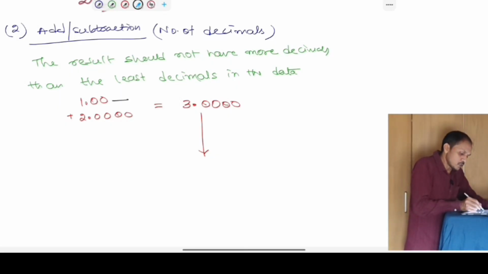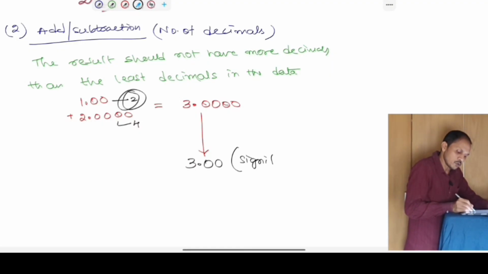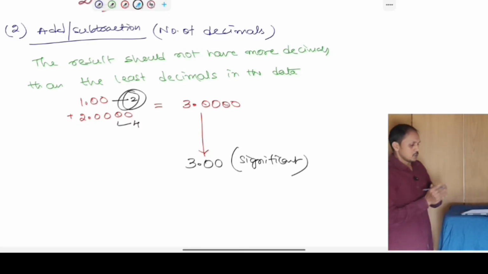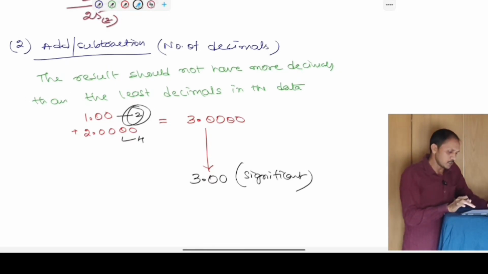In the first one there are 2 decimals, in the second one there are 4 decimals. So the least is 2, and the answer should have only 2 decimals. So the answer is 3.00. This is according to the significant rules, right? So these are the rules for significance. Now it is easy. Let's check some questions.